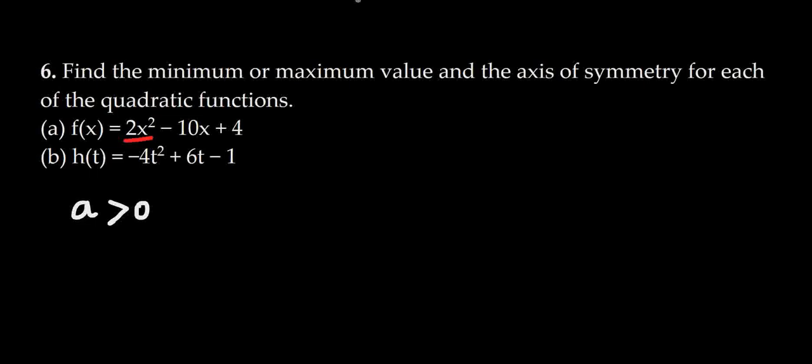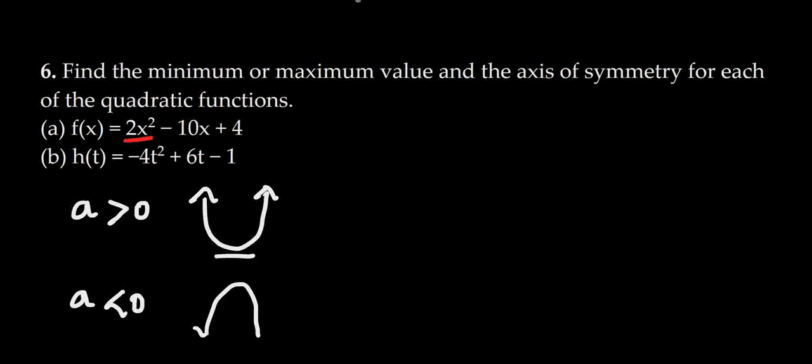And if a is greater than 0, the quadratic function takes this form. Hence, we have a minimum value. However, if a is less than 0, then the quadratic function takes this form, and we have a maximum value.